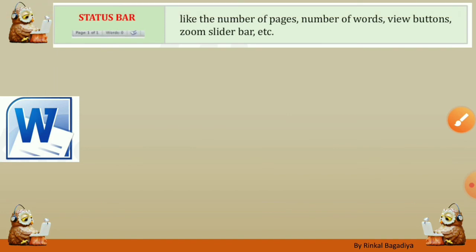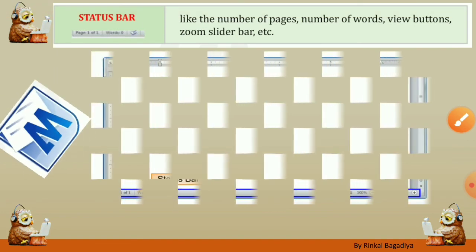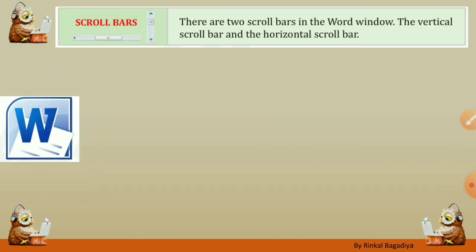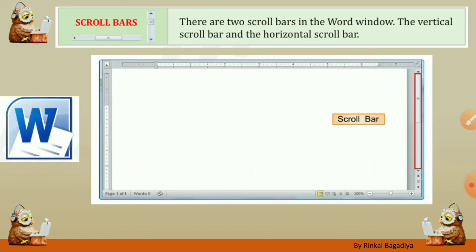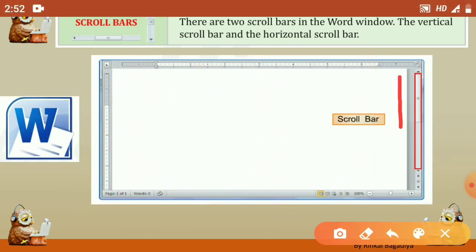Now next is scroll bars. You all know there are two scroll bars in the MS Word 2010 window, the vertical scroll bar and the horizontal scroll bar. Here you can see on the screen the vertical scroll bar. It is used to move the screen display up and down.